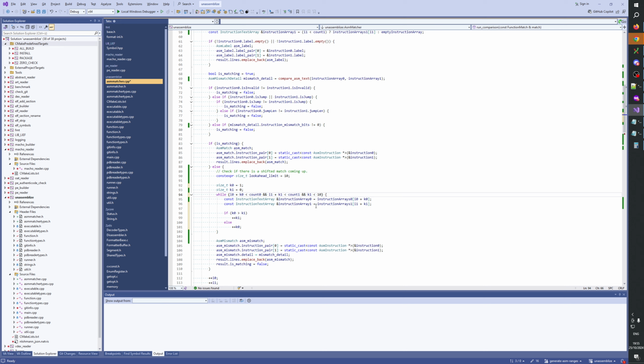So if K1 hits 10, then we are over our look ahead limits, definitely, right?